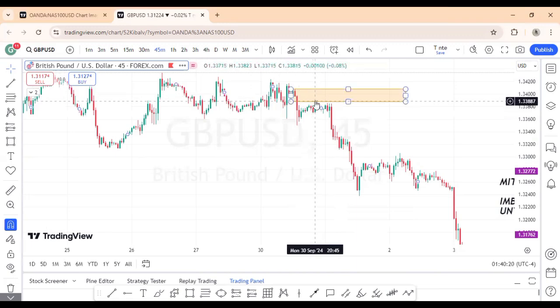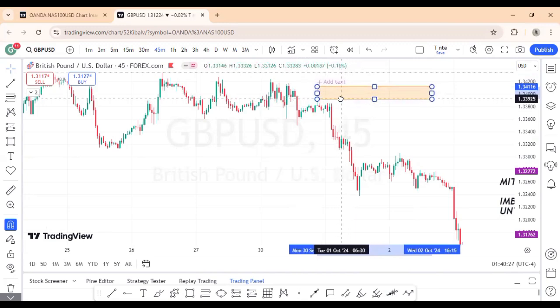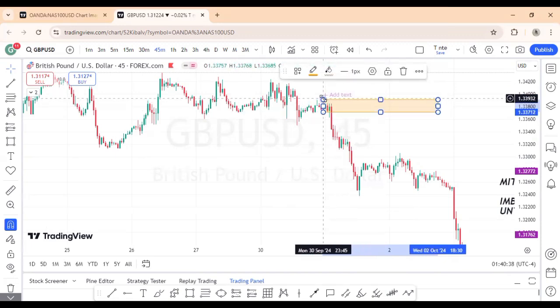So where is the area that has not been mitigated? It should be very obvious to you right now. You have to look for the area where price has not tapped into and where there's some kind of imbalance. If you look very carefully, you will see that this last push up here is the last push up here.